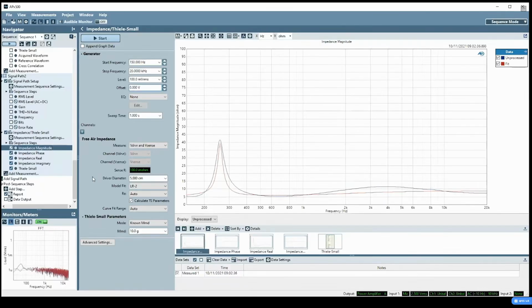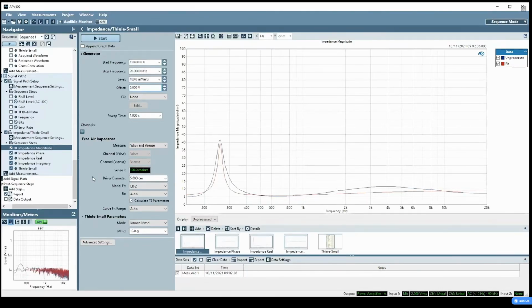But the main purpose of this webinar was to show the ease of use for loudspeaker measurements using our acoustic analyzer, and specifically mostly the default measurements, which was the loudspeaker production test.